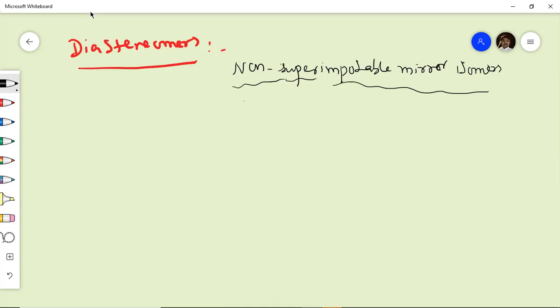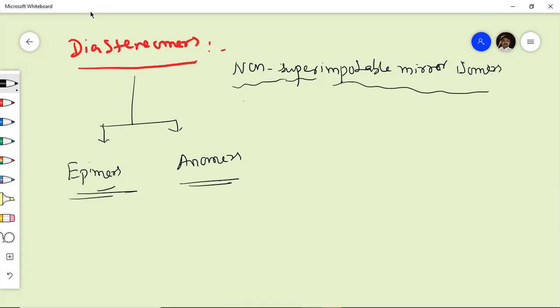In this, two important types are there. One type we'll call epimers, and the other type we'll call anomers. We'll learn about epimers now.